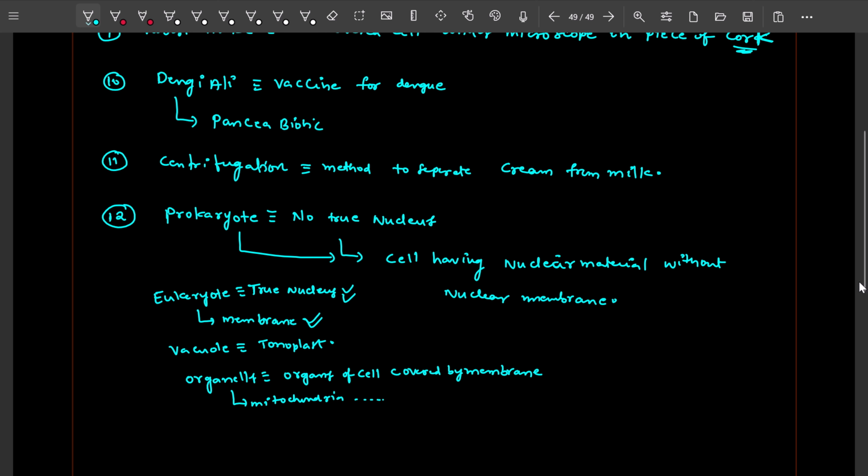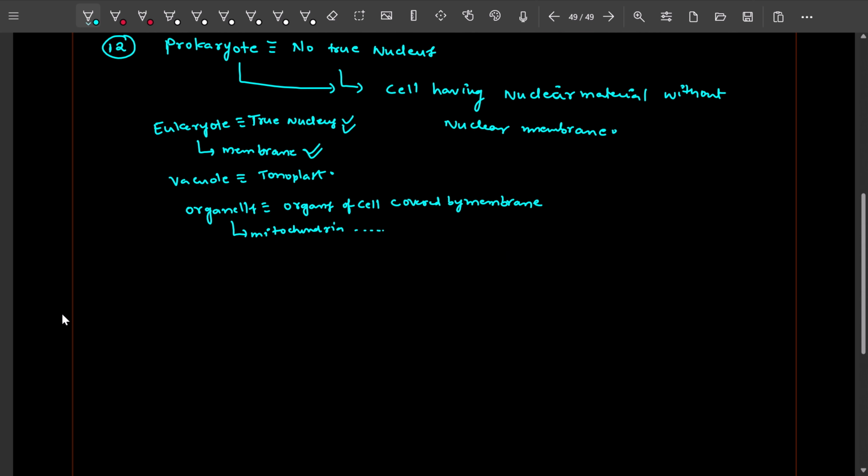And the next one we have to see is the continental shelf.